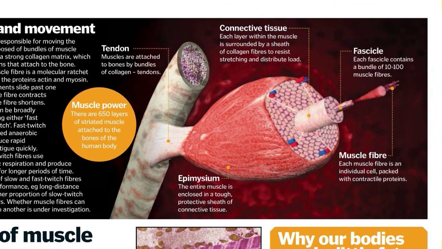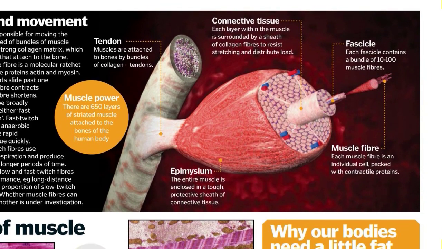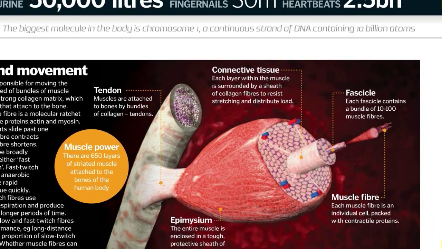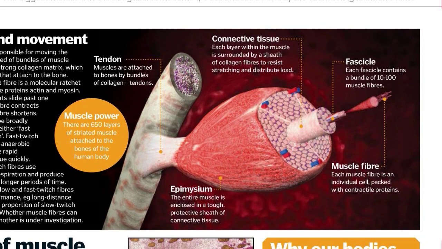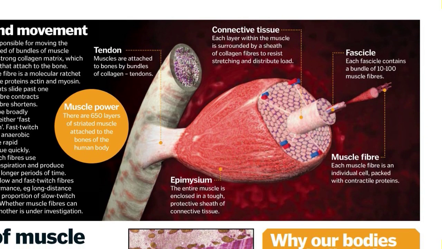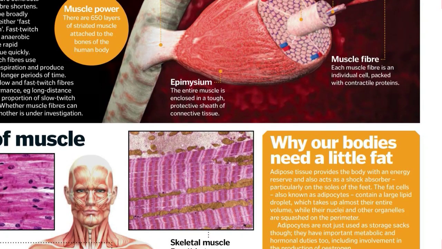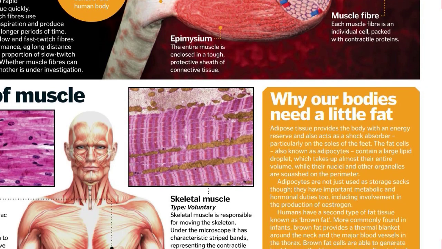This is called tendon, and this is a connective tissue. Each muscle is surrounded by a sheet of collagen fiber to resist stretch and distribute load. Fascicle: each fascicle contains a bundle of 10 to 100 muscle fibers. Muscle fiber: each muscle fiber is an individual cell packed with contractile proteins.